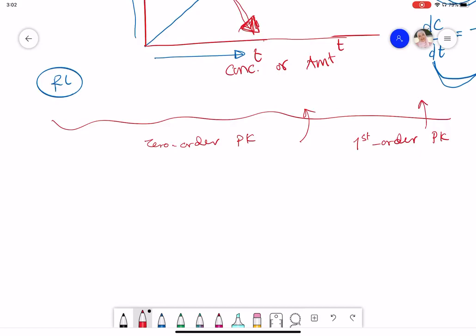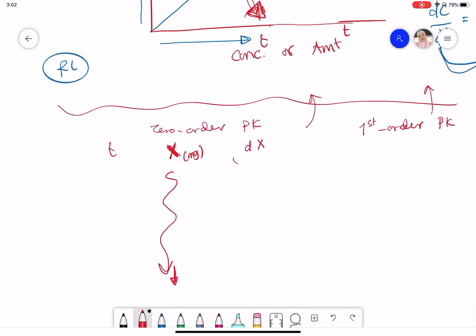as rate versus concentration or amount, because as the amount of the drug, let's say in milligrams, is decreasing with time, the rate of decrease over time is what? It is not changing. It's constant. That's why we have this profile between rate versus concentration.